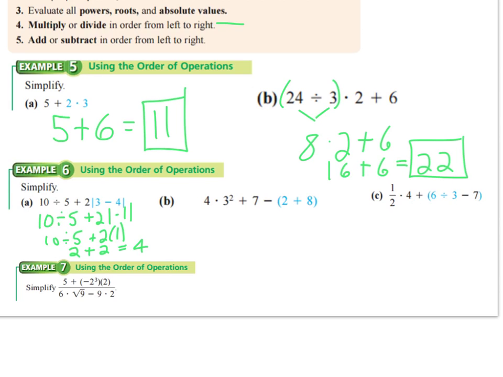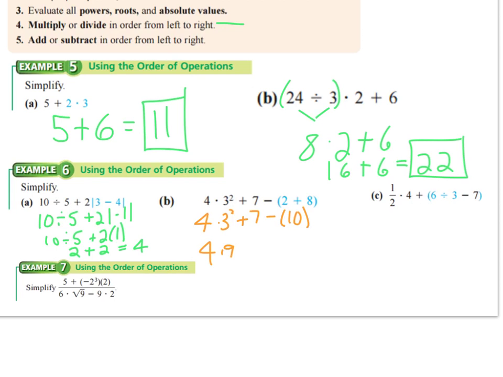Taking a look at the next one, again we've got our grouping symbols, the 2 plus the 8. And we really could square that 3 at the same time, but we'll just keep that separate. So the 2 plus 8 turns out to be 10. Parentheses at that point aren't necessary, but just emphasizing where that came from. Next we would take care of our exponent.